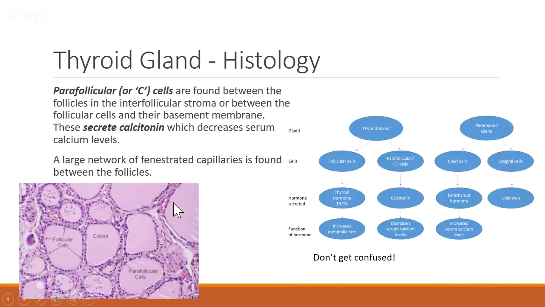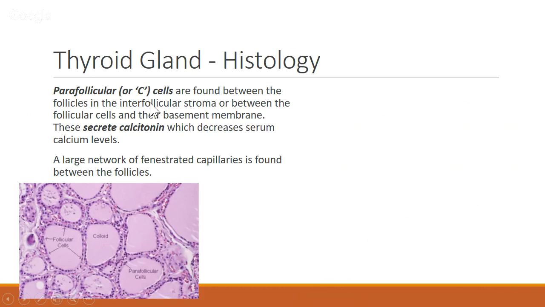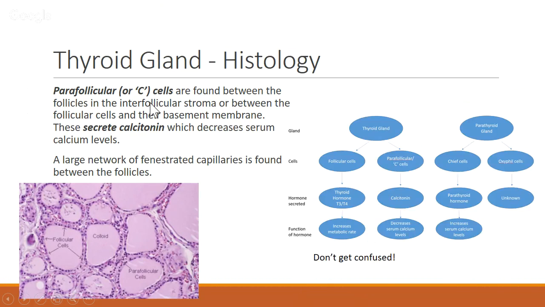So you have thyroid, you have follicular and parafollicular cells, and this is a summary table of the cells of the thyroid gland and the parathyroid gland because they can have very similar names. Follicular cells produce thyroid hormone. Parafollicular cells, also called C cells, produce calcitonin, which decreases serum calcium levels.